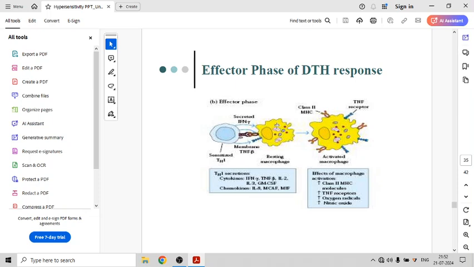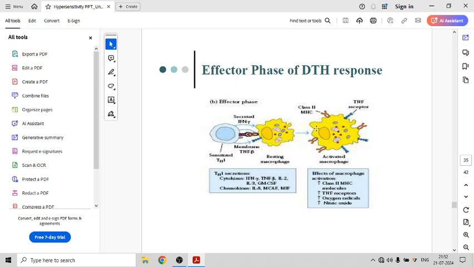Macrophages also start secreting TNF alpha because they are also inflammatory in response. They express excess of class 2 MHC as shown in the diagram to process the antigen and present it to more number of Th cells. They also express TNF alpha receptor on their surface.